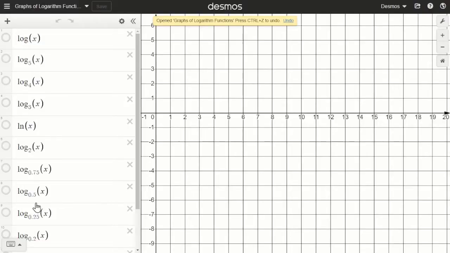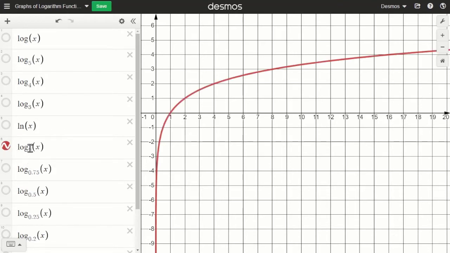So on Desmos, this is the list of logarithm functions that I've used before in an earlier demonstration. Let's randomly pick a case where the base of the logarithm is greater than 1, so log base 2 of x, for example. The graph is exactly consistent with what I've drawn on the board earlier.